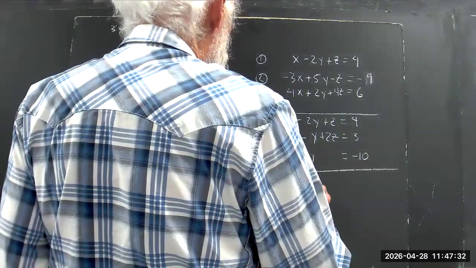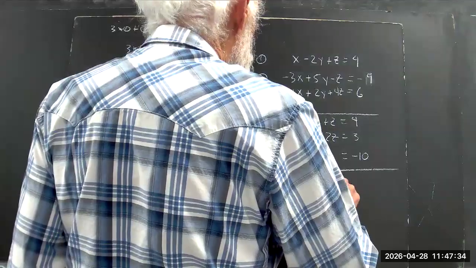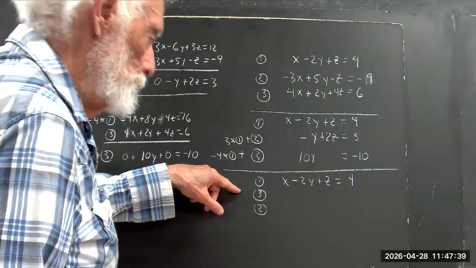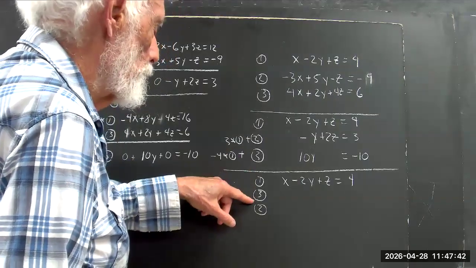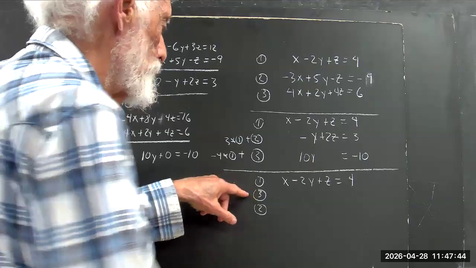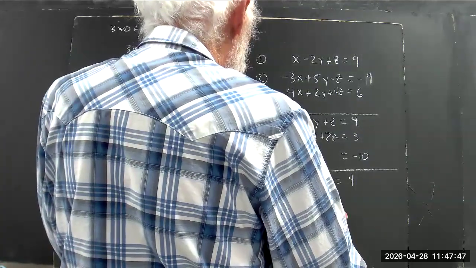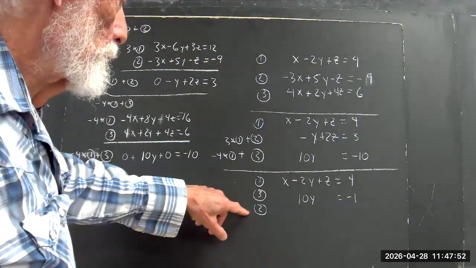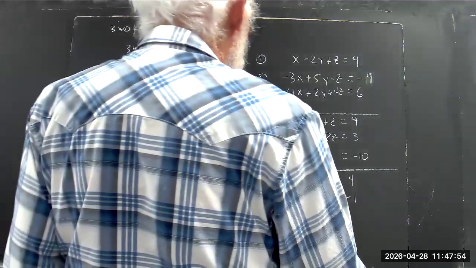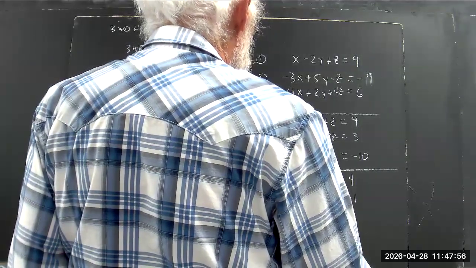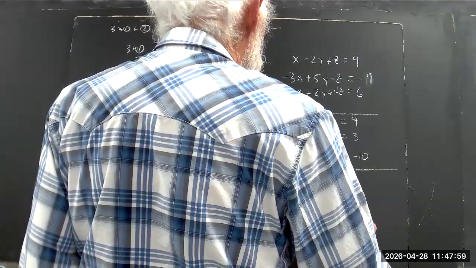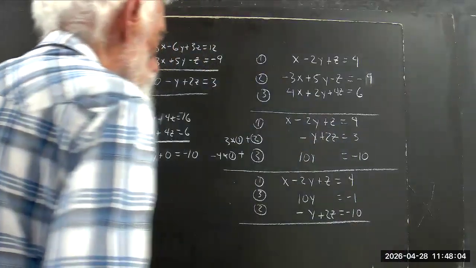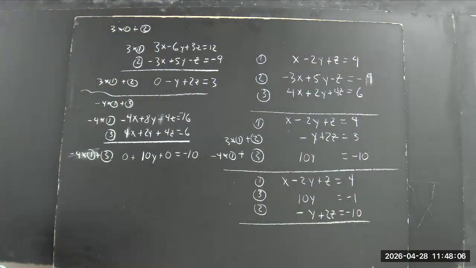That's x minus 2y plus z equals 4. I'm going to write equation 3 from before. That's 10y equals negative 10. Now I'm going to write my previous equation 2, which is negative y plus 2z equals negative 10.